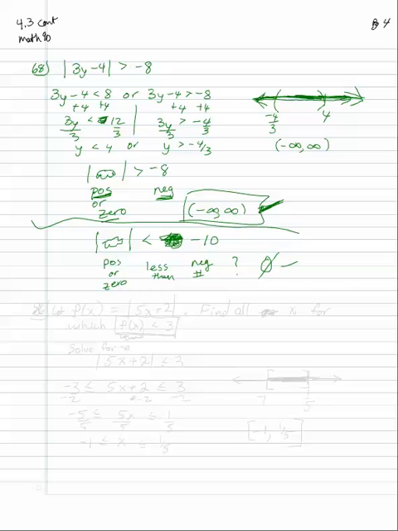Let's use this function notation, number 86. We've got f of x. Okay, so find all x for which f of x is less than or equal to 3. So the idea is you're trying to solve this inequality for x. So what you're going to do is take this f of x out and put in what it's equal to.